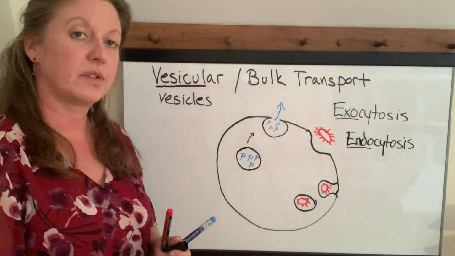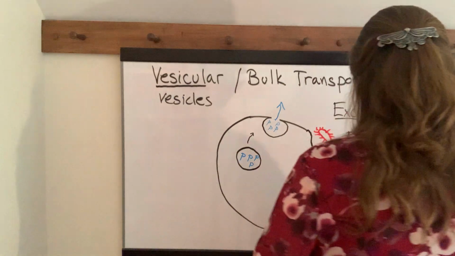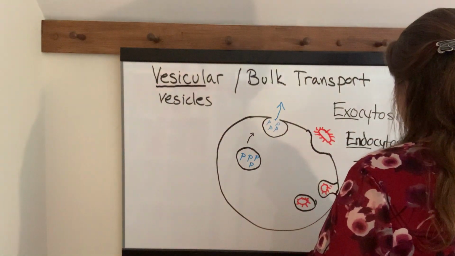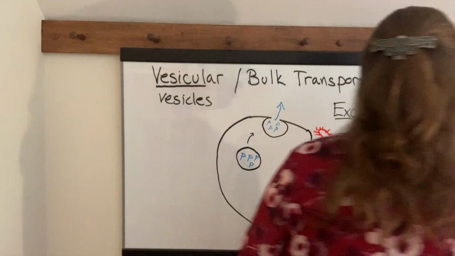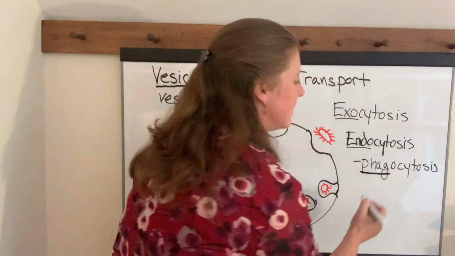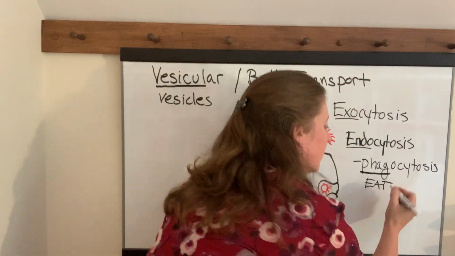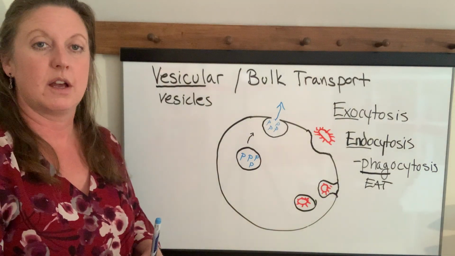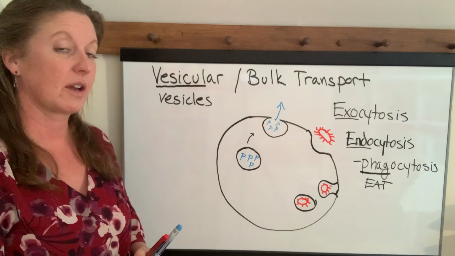Now, endocytosis has two major subcategories. One, which I just demonstrated, is called phagocytosis. This phage means to eat. So the cell is taking a big bite of whatever is on the outside, and that is phagocytosis.